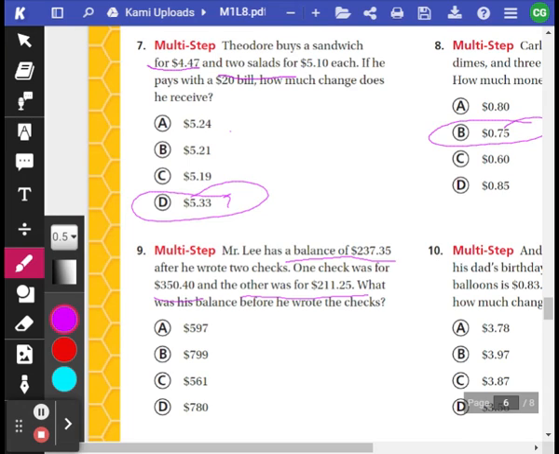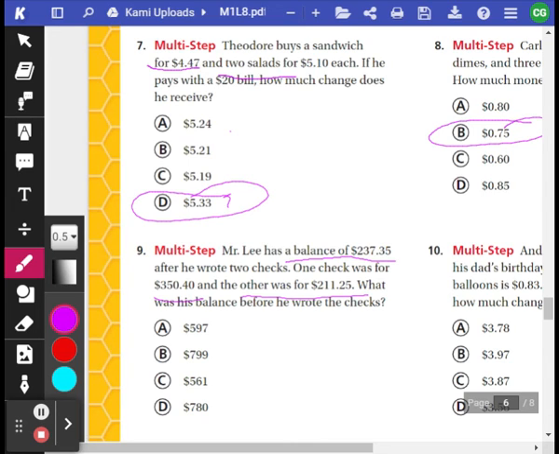So now we're going to work backwards. So this is what his balance was, and then after those checks, right? Let me move this up really quickly.